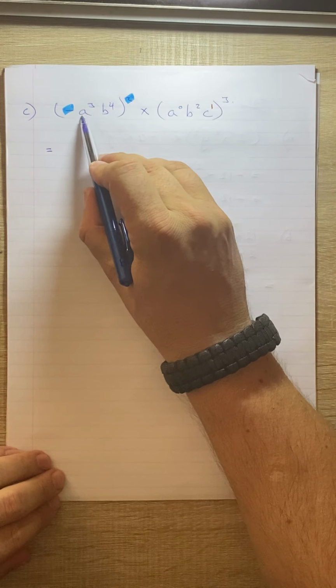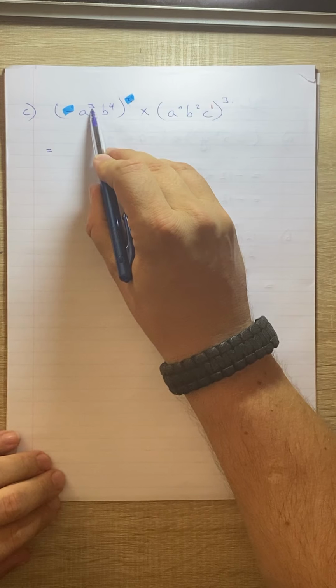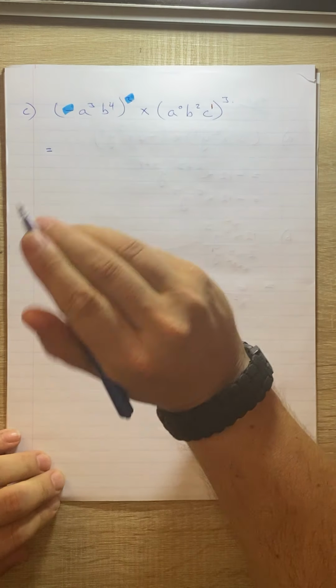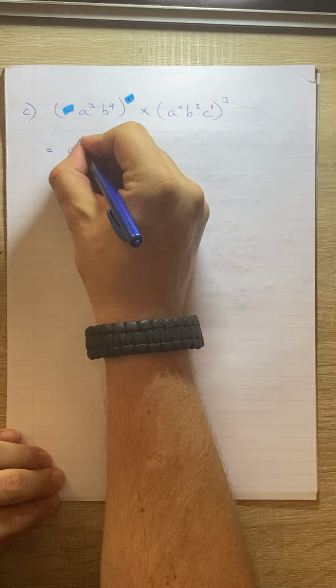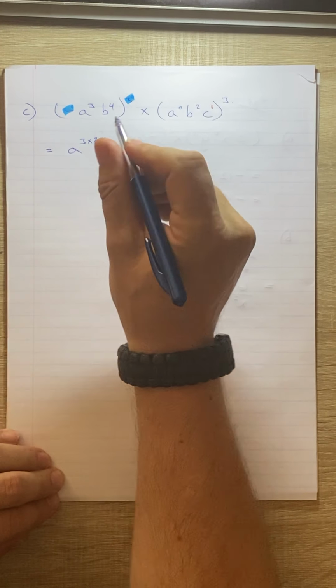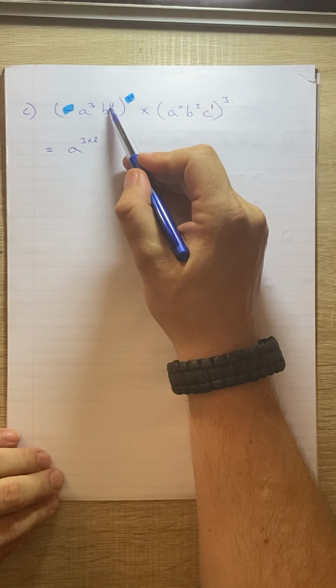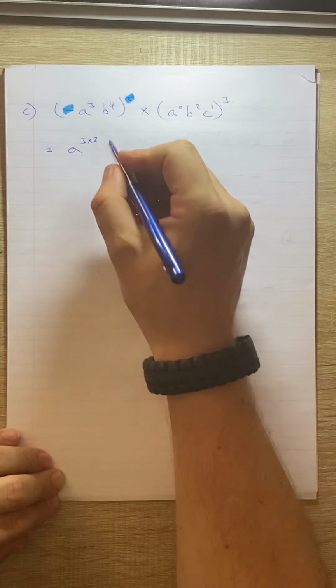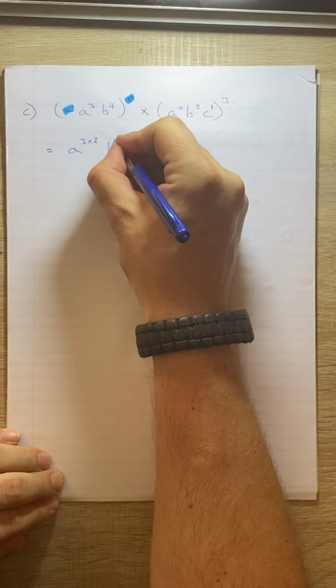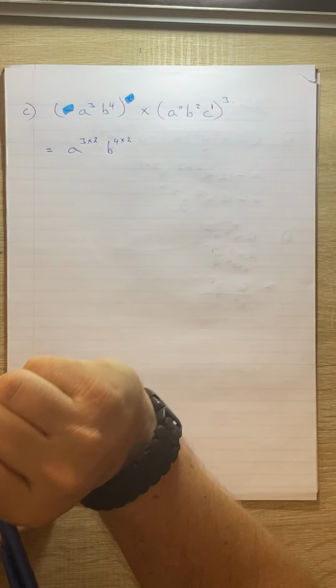Then, if we've got something to the power of something raised to another power, we multiply those exponents. So it's 3 times 2. Likewise over here, we multiply the exponents.